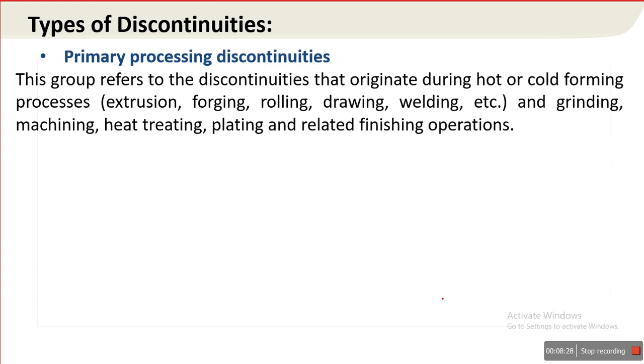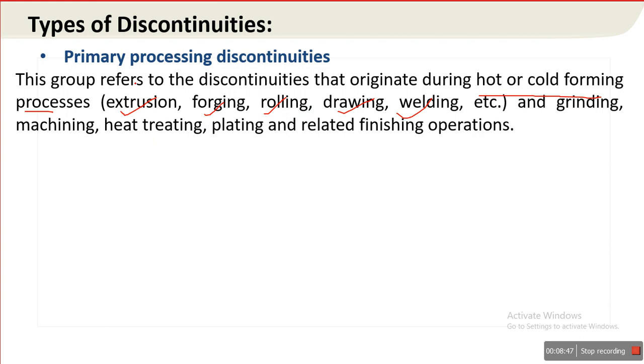Second, primary processing discontinuities. This is the group of discontinuities that originate during the hot or cold forming processes, such as extrusion, forging, rolling, drawing, welding.